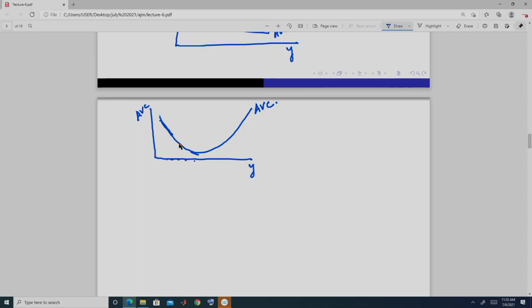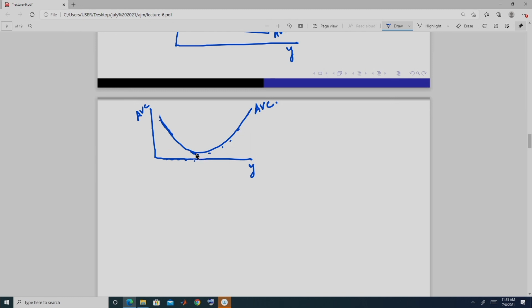And that is because we are having some form of economies of scale. And then after a point it starts increasing, and it is of this nature, mainly because the land size or the building is fixed, and if we keep on increasing the machines and the labor, then it becomes congested. So, we are going to get some form of diseconomies of scale, and that is why average variable cost is increasing.